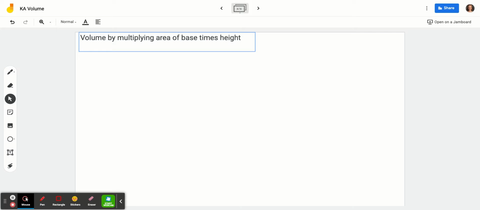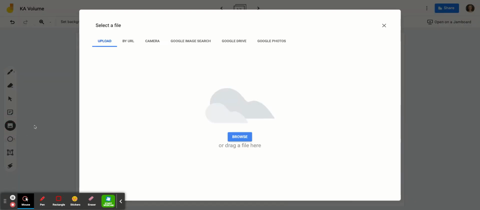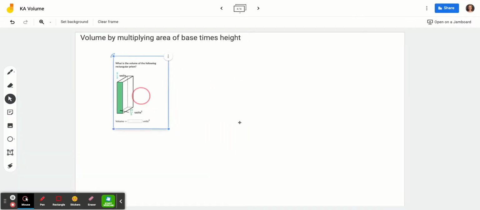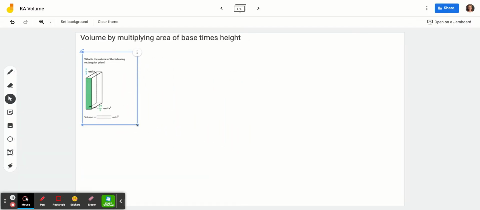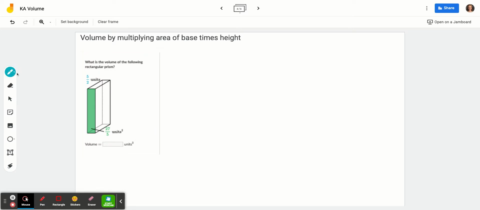Volume by multiplying area of base times height. So in our two different formulas for volume, you could say volume equals length times height times width, or you could say volume equals base times height.